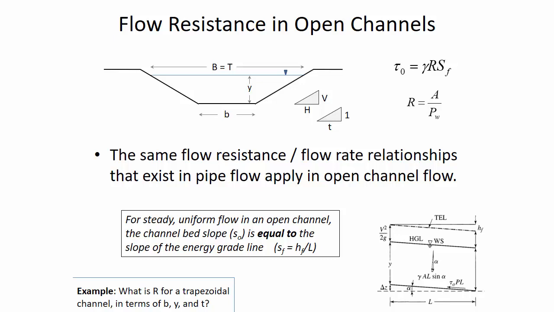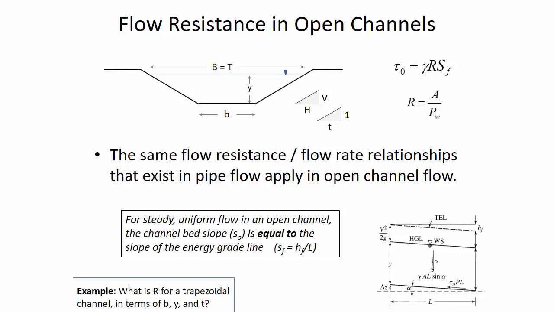So here's our water, there's the side triangles, and then there's the rectangle in the middle. The bottom width is B and the depth of flow is defined as y. And so the area is going to be these side triangles plus the rectangle in the middle.